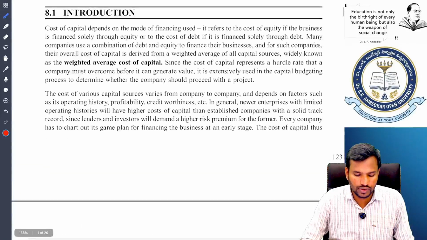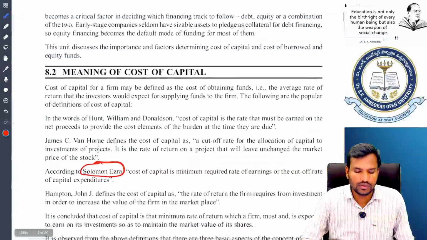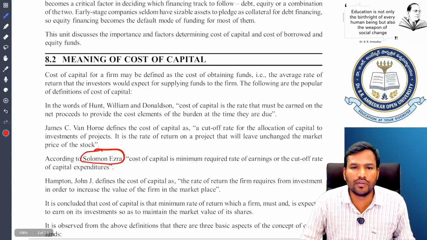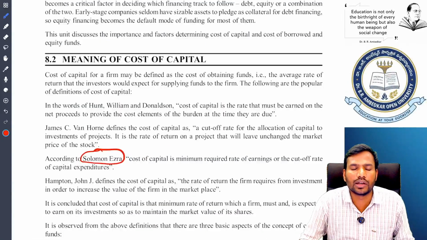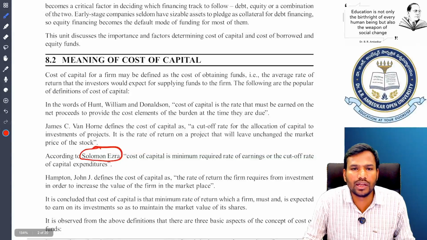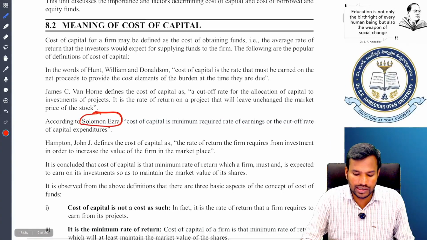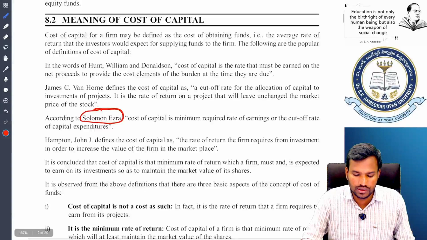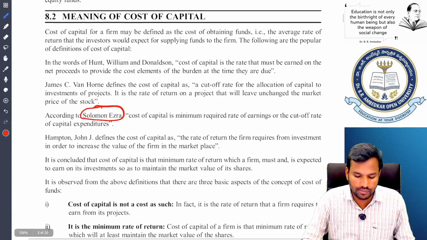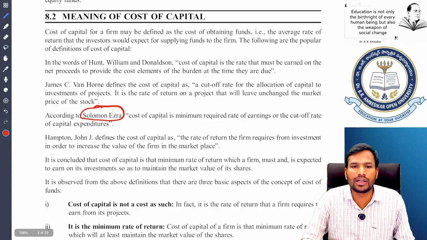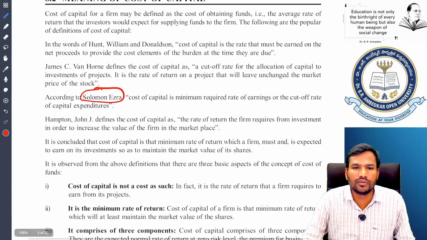Introduction. Okay, first, why do we need to calculate the cost of capital? When the company gets funds from outside and utilizes those funds in the business, after utilization the company should get the minimum return on those funds.